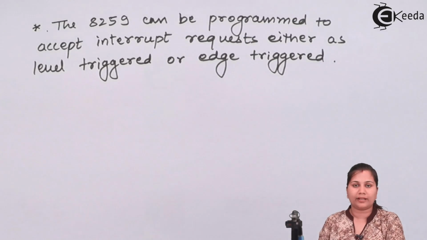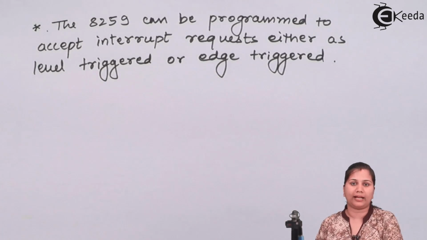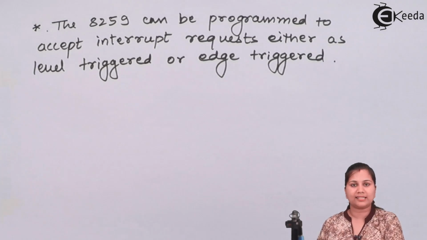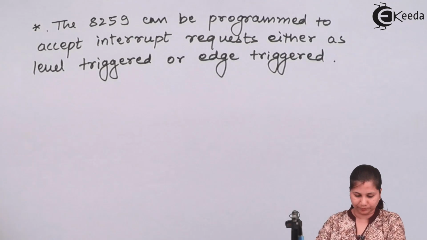Whereas in 8085, the triggering is decided as either level or edge. That is decided for the interrupts.